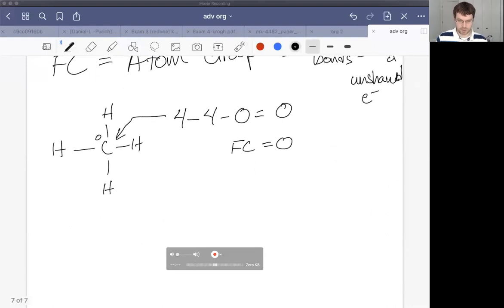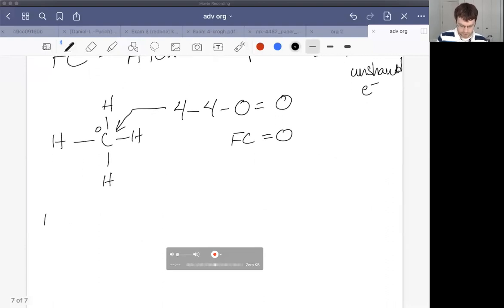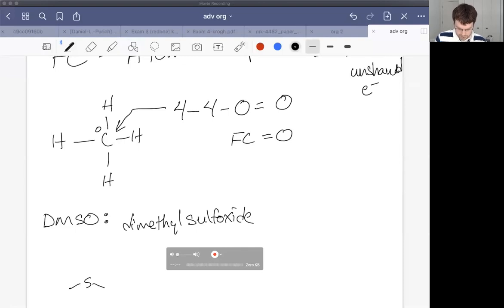Now, let's use this equation in a more complicated setting. Before, we mentioned DMSO, a really important solvent in chemistry and in many industries. DMSO is dimethyl sulfoxide, and it has an unusual structure. In many cases you want to draw this molecule like this.